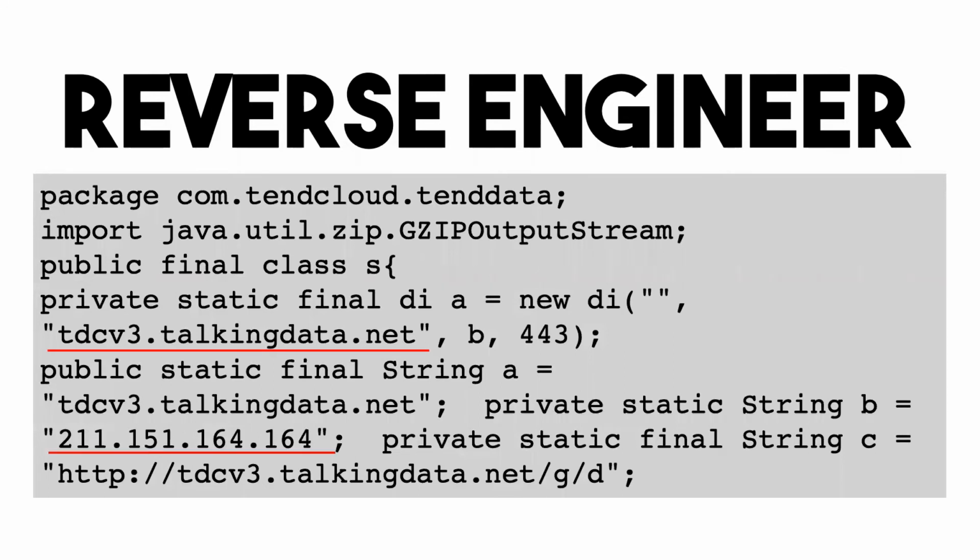Notice that the talkingdata.net IP and domain are in there. Whatever is capturing this data must have a pretty big infrastructure behind it. If it's got 50 million downloads and it's doing numerous amounts of these requests, that's a pretty big infrastructure to capture a lot of data. So I went ahead and turned the binary blob into some useful data.